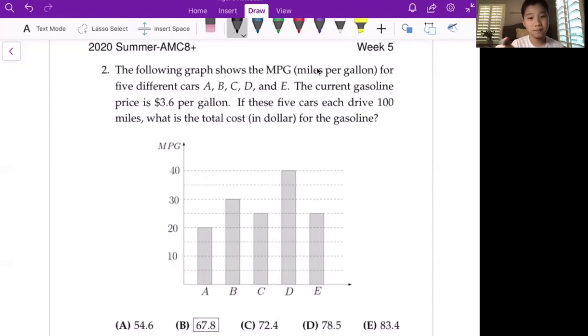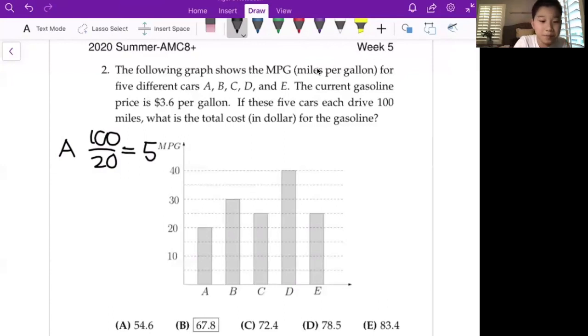So let's figure out the number of gallons used for each car. For A, it's 20 miles per gallon, so every 20 miles it uses 1 gallon, and it drives 100 miles. So the number of gallons used is 100 over 20, which is 5.